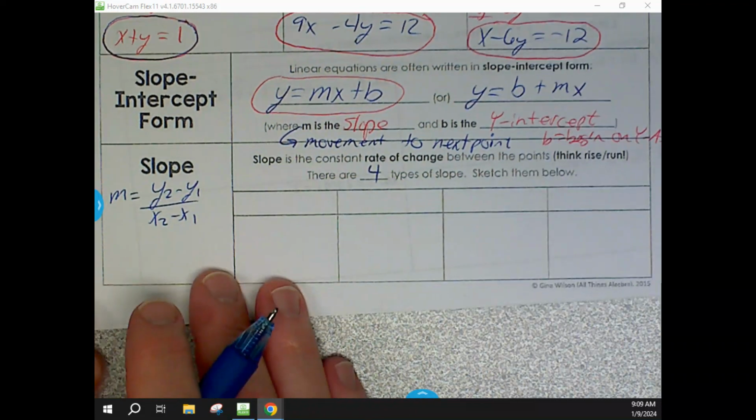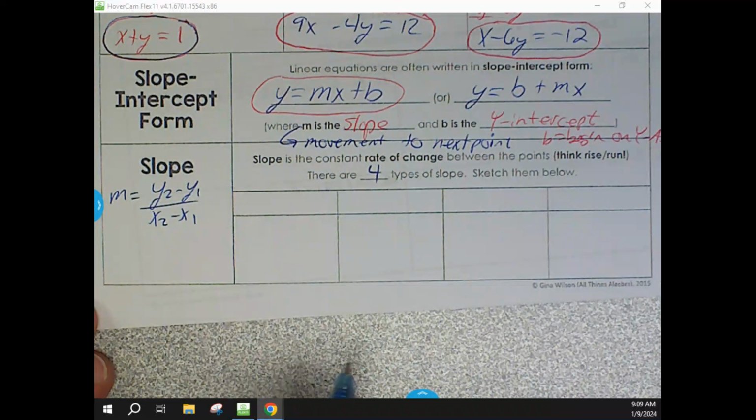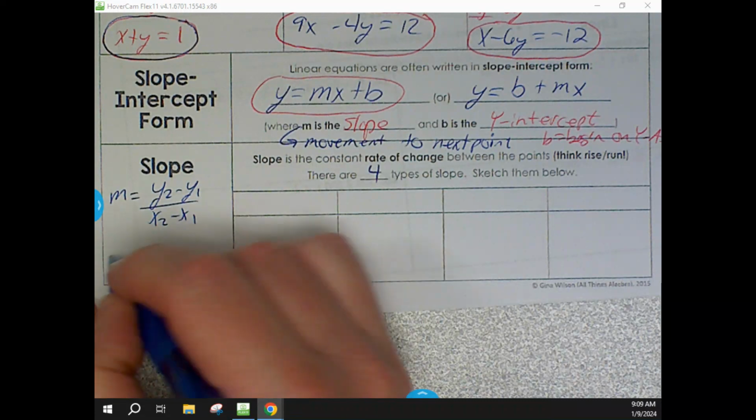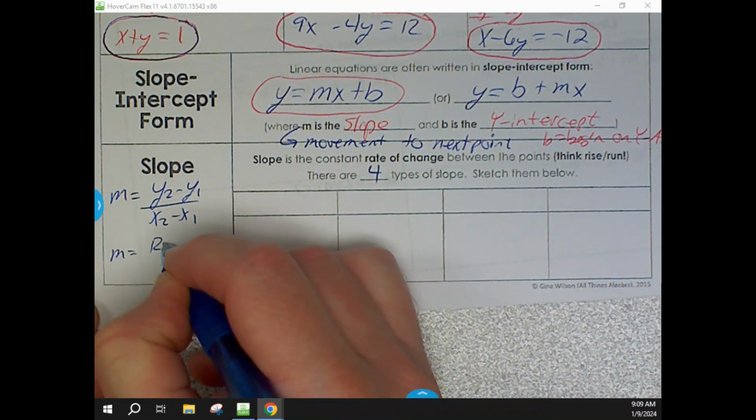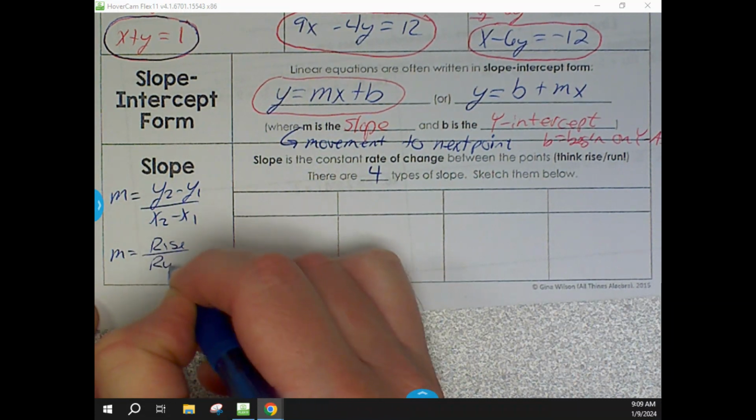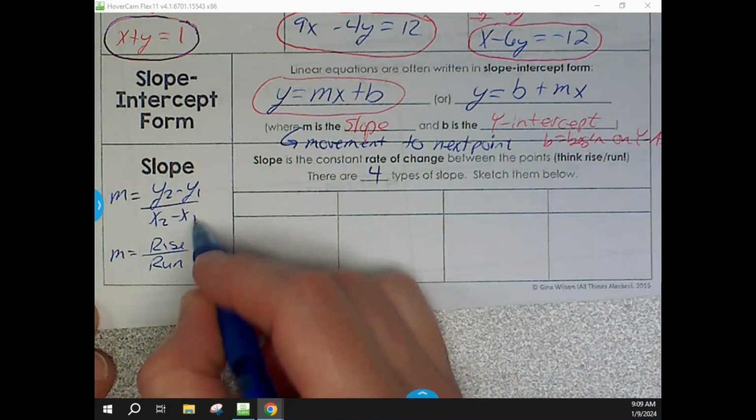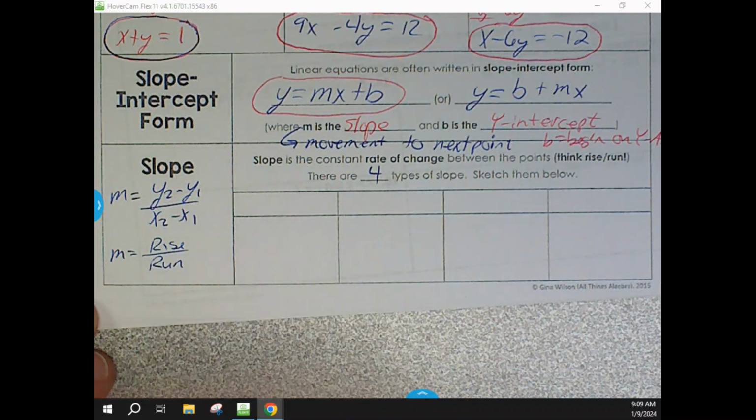When we're talking about slope, it's y2 minus y1 over x2 minus x1. And remember that in that case, that's what they always call rise over run. I think everybody remembers that. But that's your up and down movement. Your run is your side to side movement.